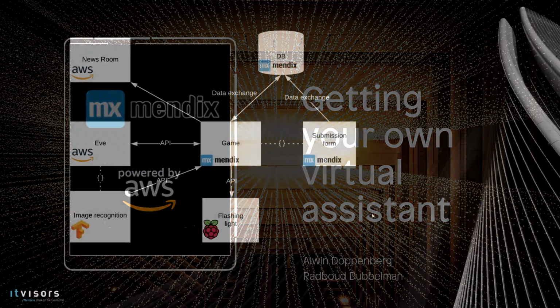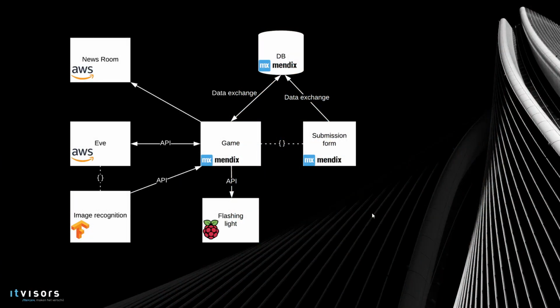And this is the picture that Yves already showed you before. This is a bit the architecture of the game, where you can see Mendix in the middle. And Mendix is, in that sense, a perfect tool for being the core of this game, because it's very easy in Mendix to create APIs and to connect other programs to it.